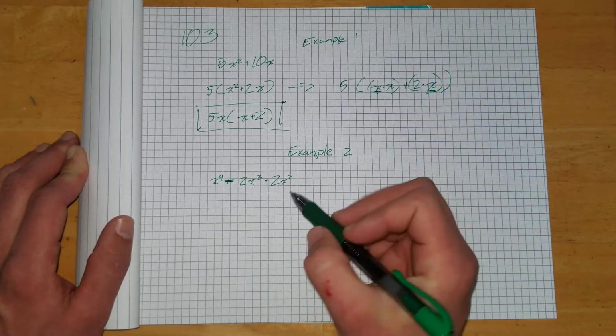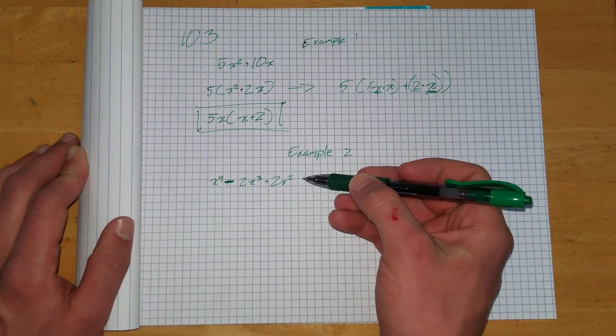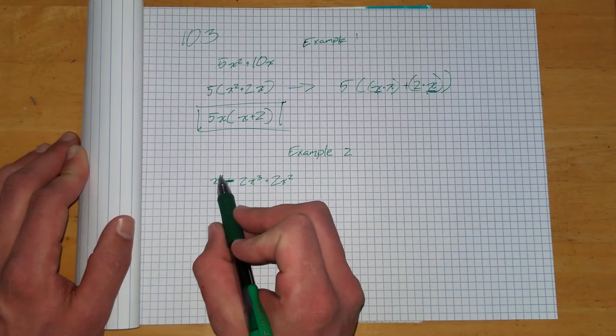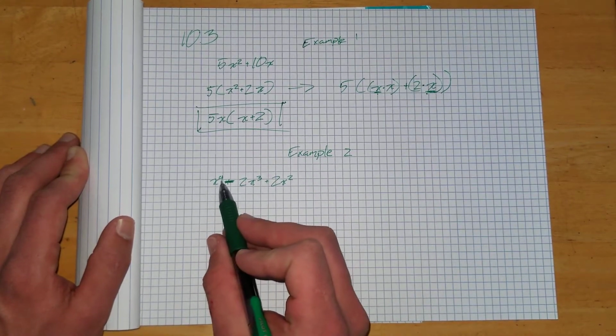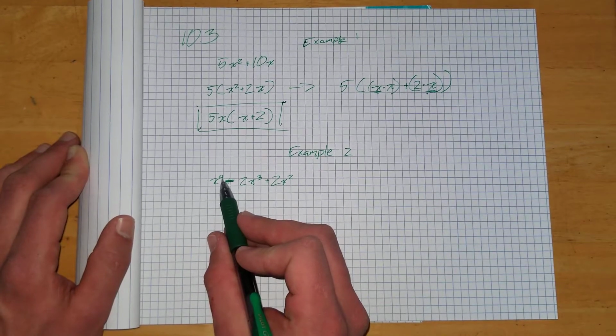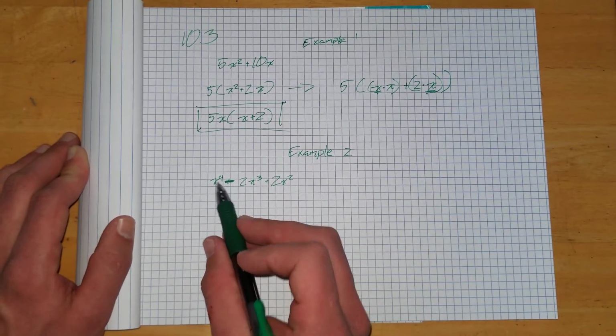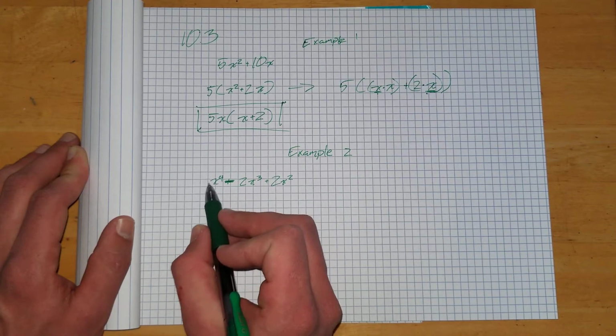So remember, this is a polynomial where the degree is 4, right? Our highest degree of one of our terms is 4, which means the leading coefficient would be this number here, which is a 1, right?